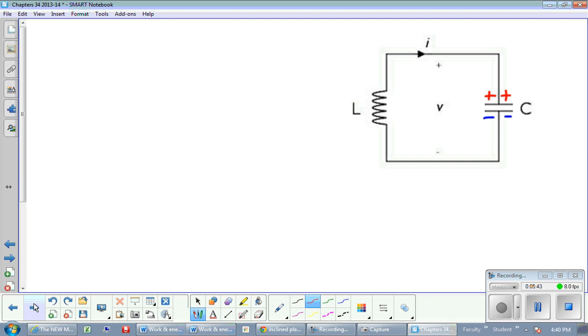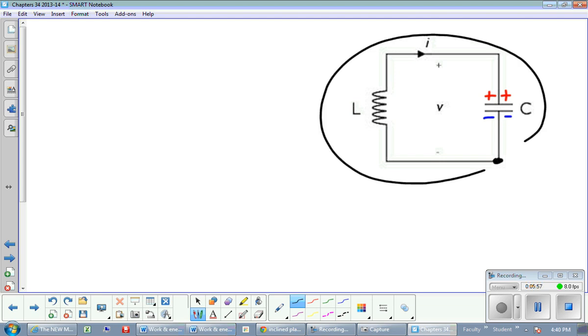And the loop rule says that if I start at one location anywhere on the circuit, I'm going to start here in this lower left or lower right corner, and I completely traverse the loop, then I'm going to get back to where I started, and all my potential drops and my potential jumps have to sum up to be 0. Well, what are those jumps and drops? Well, if you start here and go counterclockwise, we're going to hit the capacitor first.